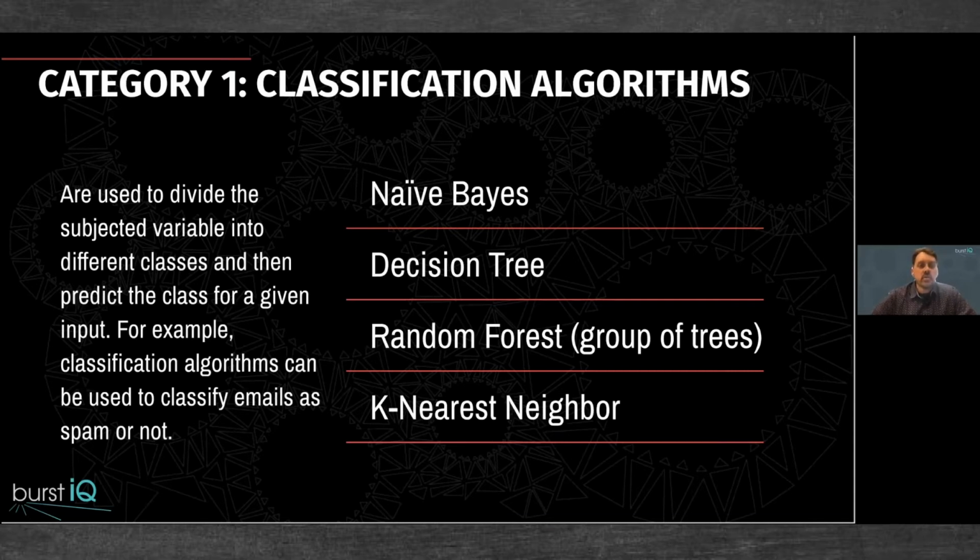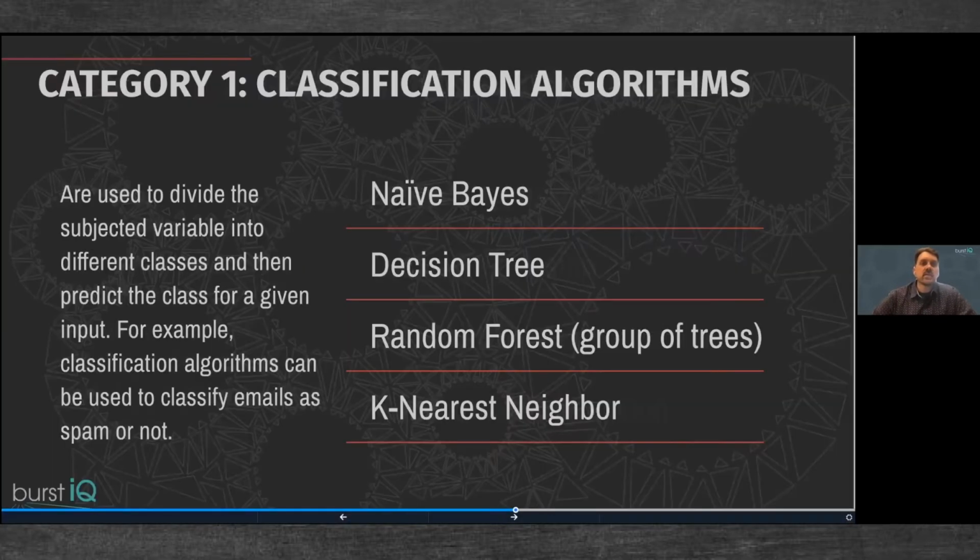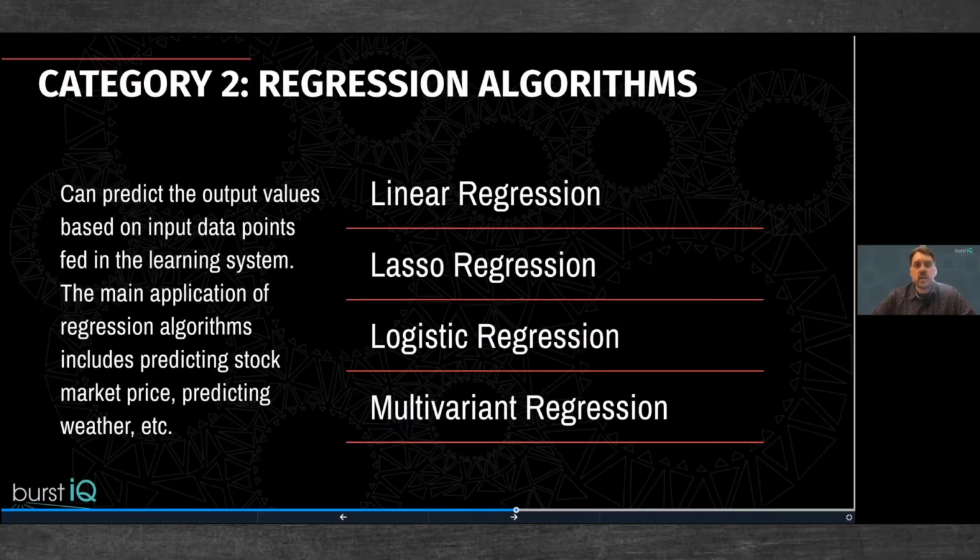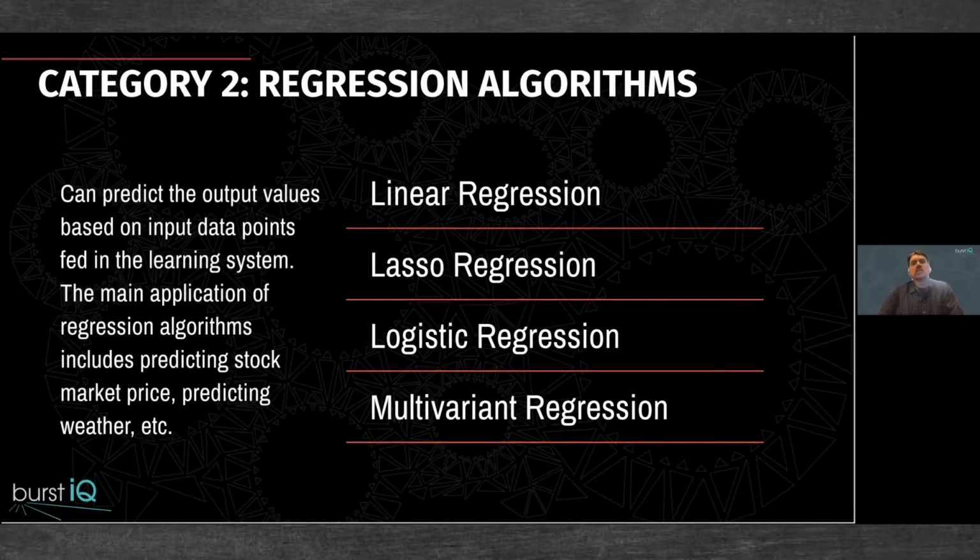Okay, category 2. When we're moving into a little different types of approaches, one of the things that I'll stop and talk about real quickly is, machine learning isn't a black box. You can't dump a bunch of data into it and say, I want this, turn a crank and get it. There is a lot of data science and data understanding and data knowledge that has to come into play as you use these different algorithms, because I have to understand, do I have a multi-variable input and I'm looking for a single output?